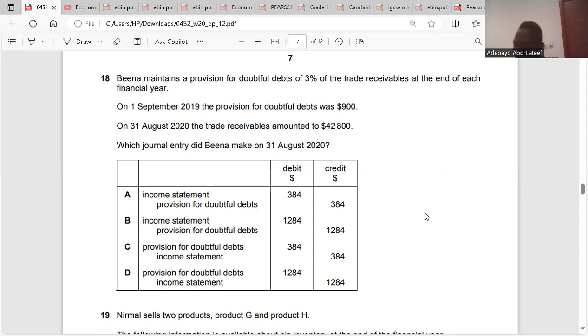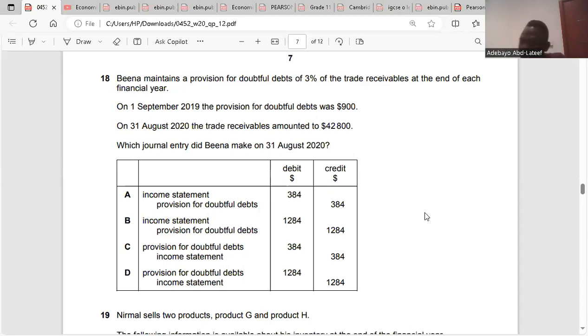Yeah, that's 1,284. Now for August 2020, it will be 1,284 minus the amount provided in 2019, which is 900. The provision of 900 was provided for 2019.